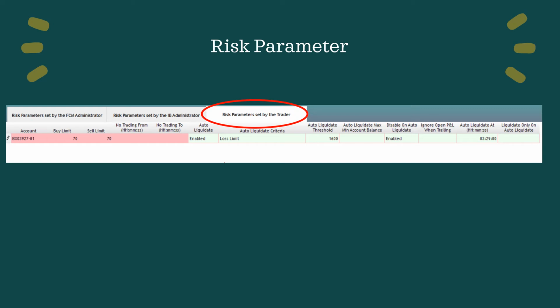Over here, I set the auto liquidate threshold at 1,600. So once my daily loss reaches 1,600, it will automatically kick me out from the trade and won't allow me to trade anymore. That way, I will not reach the 2,200 drawdown and I can live to trade another day.